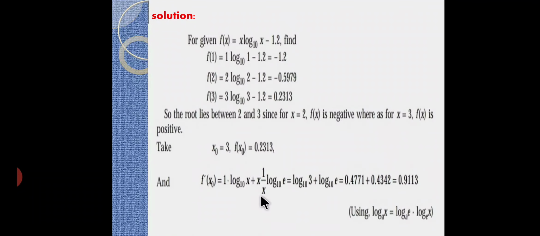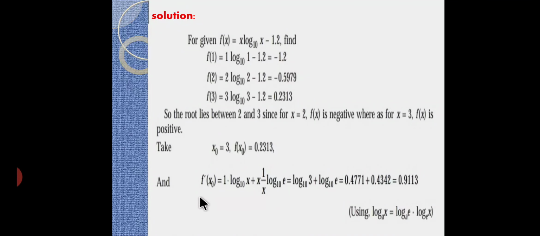So f dash of x is equal to 1 log x base 10 plus x into 1 by x log e base 10. Next we find the f dash of x value at the initial guess, that is f dash of 3, which is equal to log 3 base 10 plus 1 log e base 10, which is 0.4342, is equal to 0.9113.